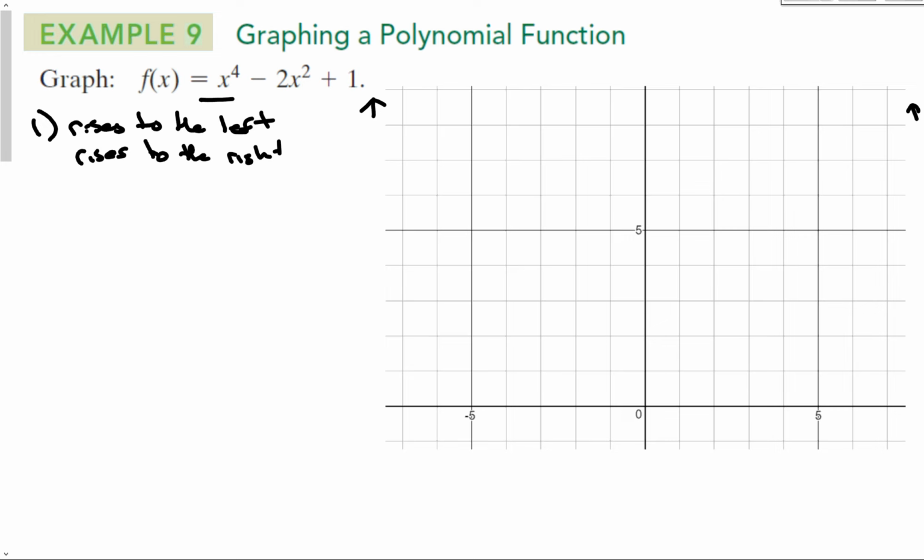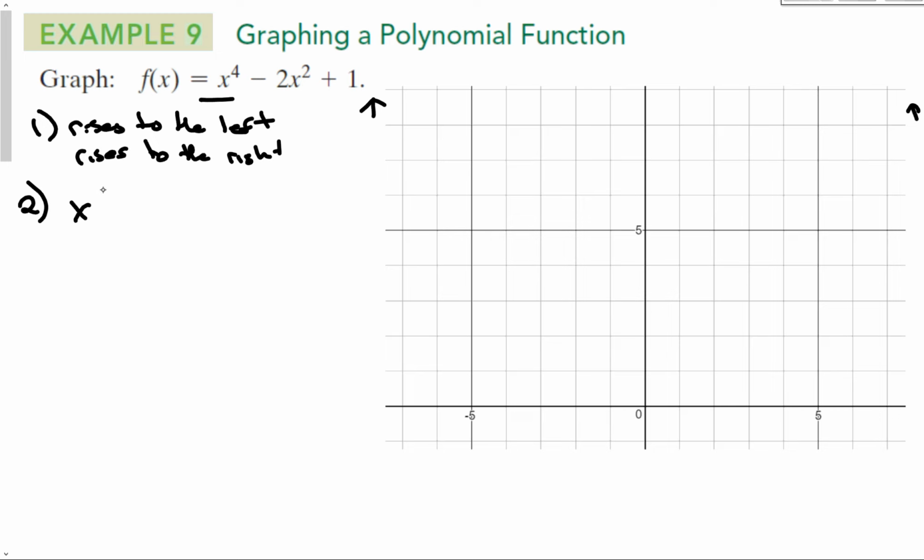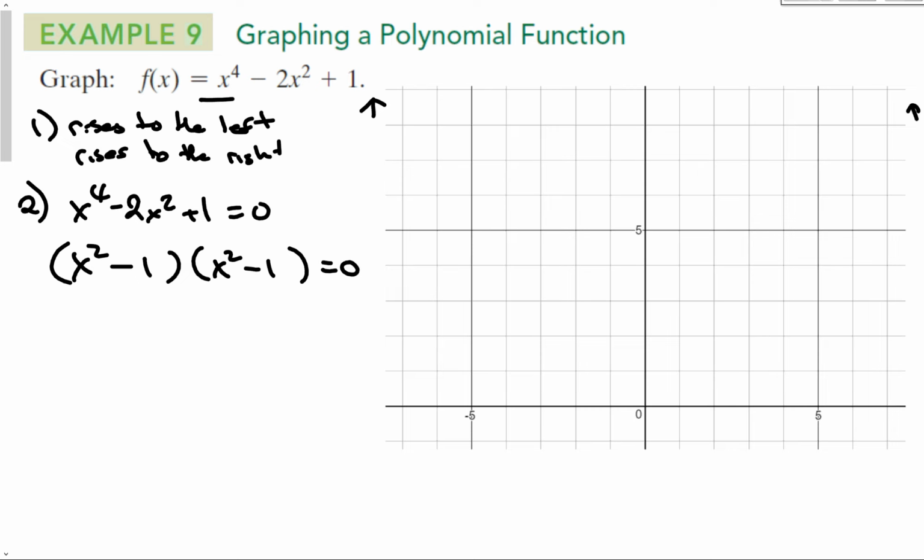Okay, next, step 2. Step 2 was to find the x-intercepts by setting the function equal to 0 and solving. So I'm going to say x to the 4th minus 2x squared plus 1, set it equal to 0. Well, I notice that this factors like a quadratic because it jumps from x to the 4th to x squared to no x's. So I can factor this like a quadratic, except instead of having an x in the front, I'm going to have x squared. And the factors of 1 that add to negative 2 give x squared minus 1 twice.